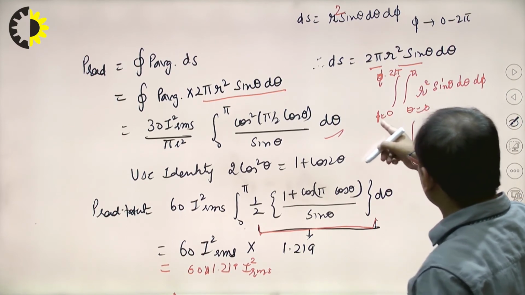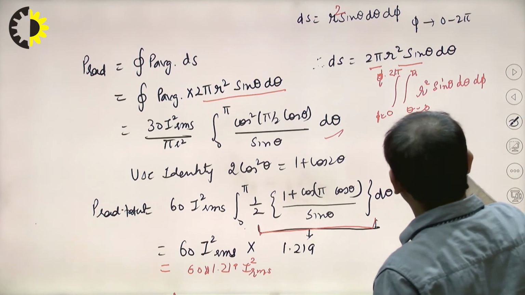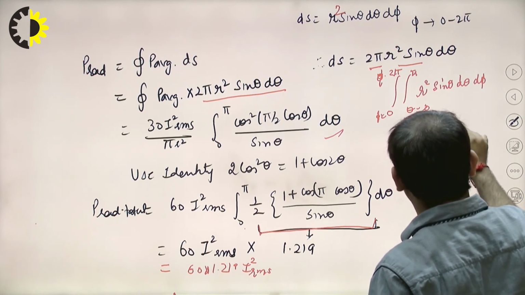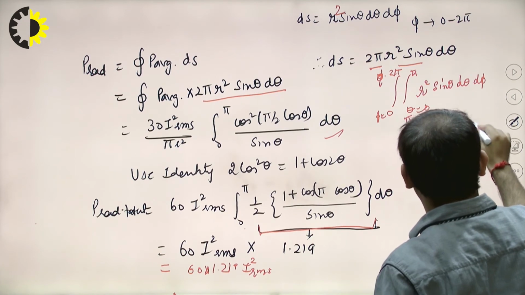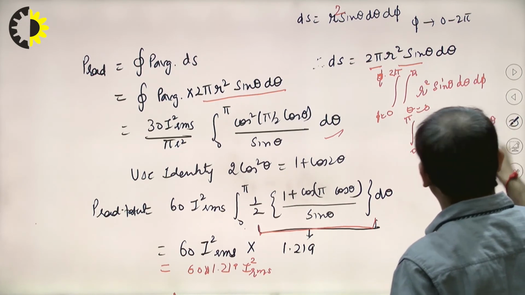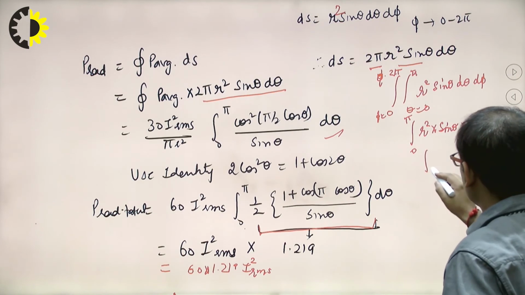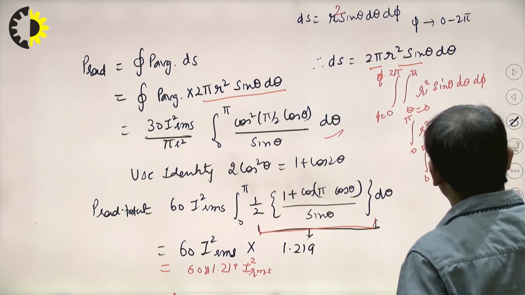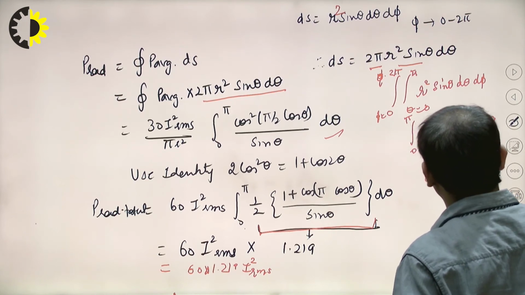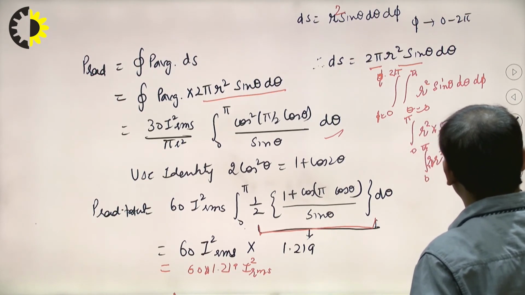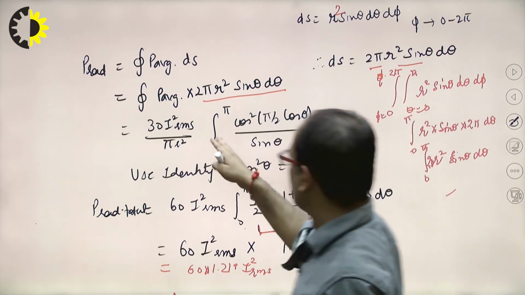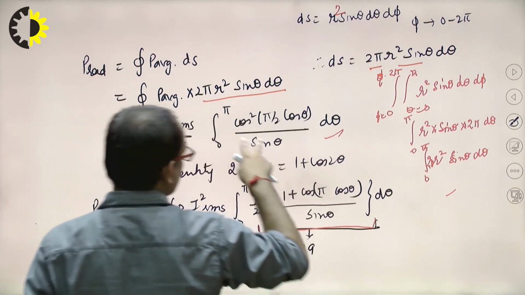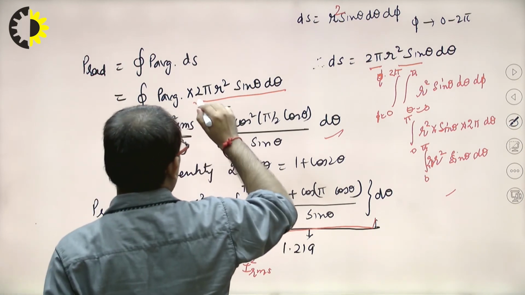On integrating with respect to phi, you will get the integral from 0 to pi of r squared sin theta multiplied by 2 pi into d theta. That's why it is 0 to pi, 2 pi r squared sin theta d theta. That's why there is no component of phi. 0 to 2 pi is there, and 2 pi r squared is already written over here.